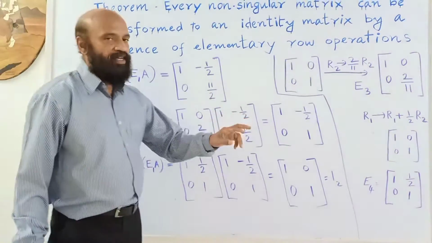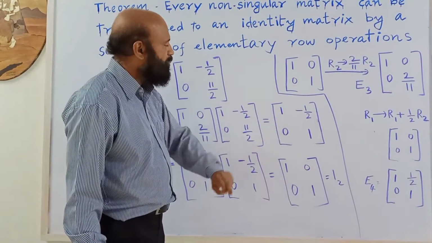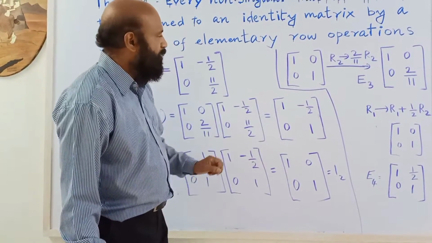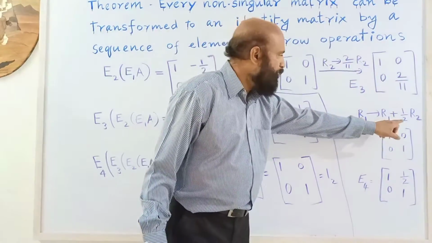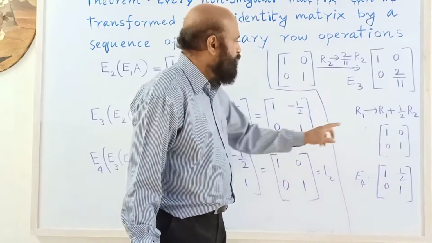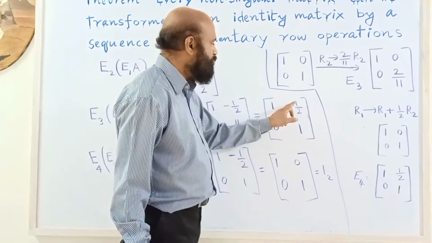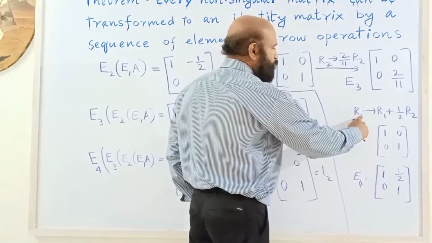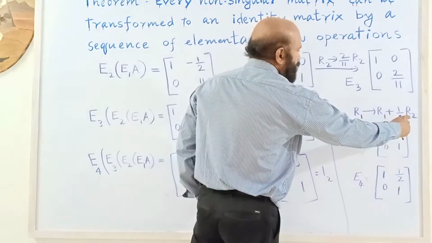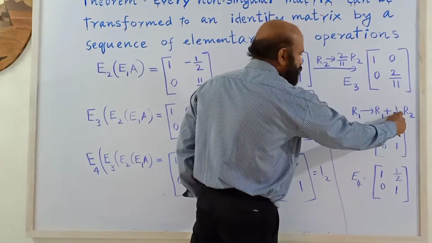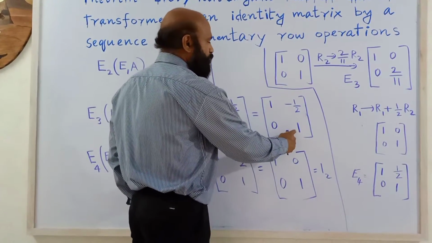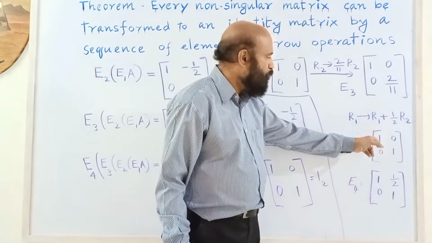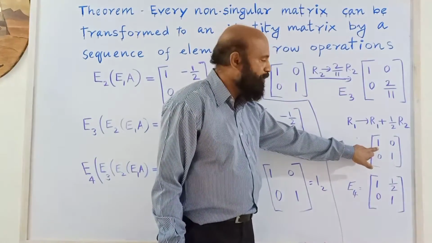Now to make it an identity matrix, here we want 0. So the necessary elementary row operation is this one. So here we have to make it 0. So the elements of the first row are obtained by adding the elements of the second row after multiplying by 1 by 2. Same elementary row operation you do on an identity matrix.